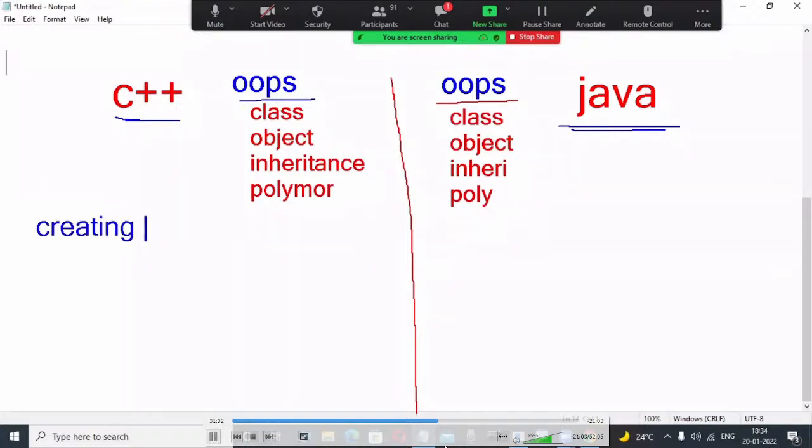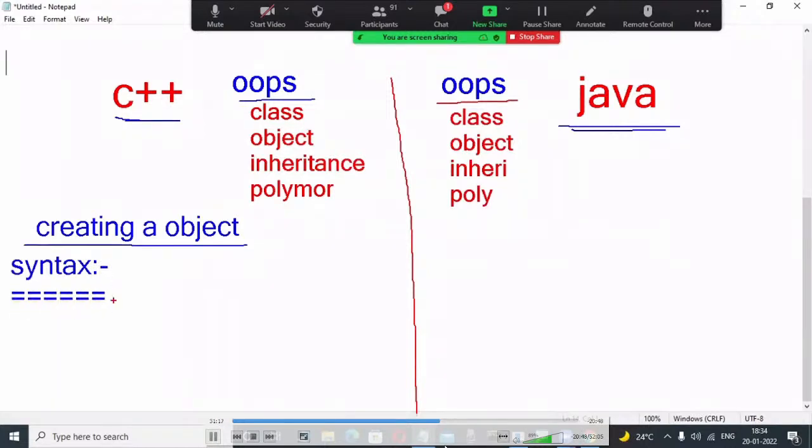What is the syntax in C++ for creating an object from the class? Observe here. Slowly observe here, here is the only difference. Class name, space, object name.